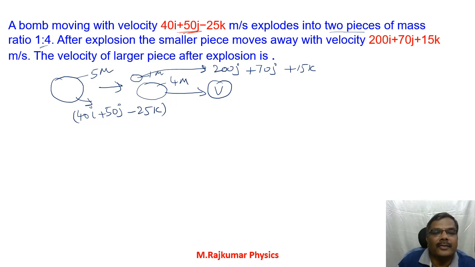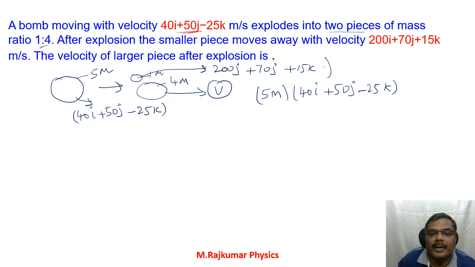It is moving with this velocity, and the bomb mass is 5m. So before the explosion, the momentum of the bomb is 5m into (40i plus 50j minus 25k).